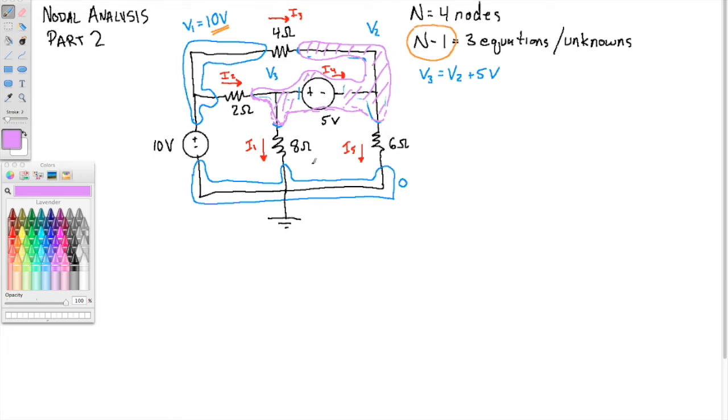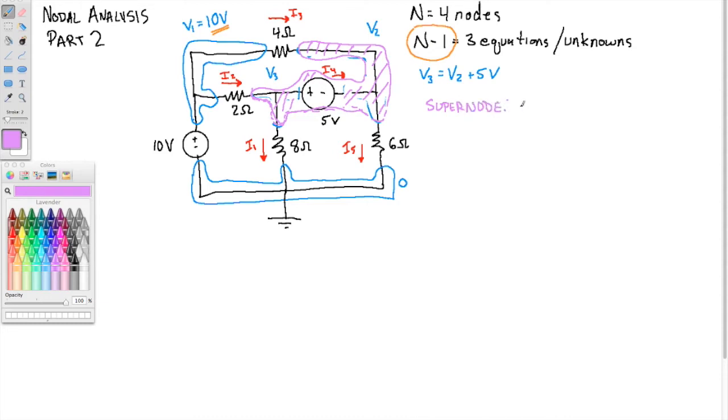It's not absorbing current. So however much flows in still must flow out. So we can still write a KCL equation, and we're going to. But first of all, I want to make a definition. We're going to call this thing in purple a supernode.